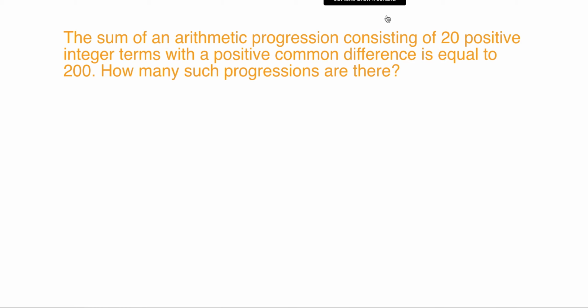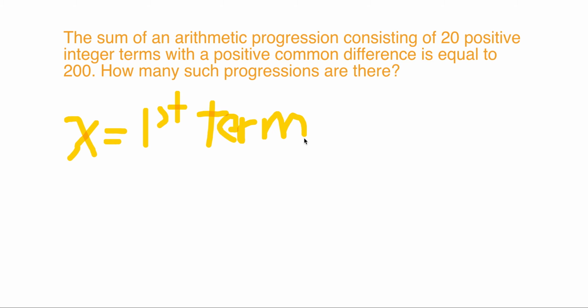Now let's just start. Grab out my pen. The easiest way to do this is to start by saying that the first term is x. So x is the first term.